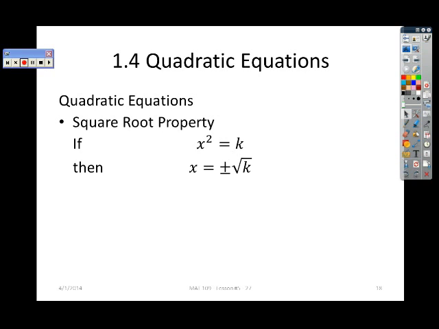The only condition that goes along with taking the square root is, because for square roots there's both a positive square root and a negative square root for every number, when you take the square root of both sides, you must put a plus and minus on the right-hand side. Not on the variable, on the other stuff.